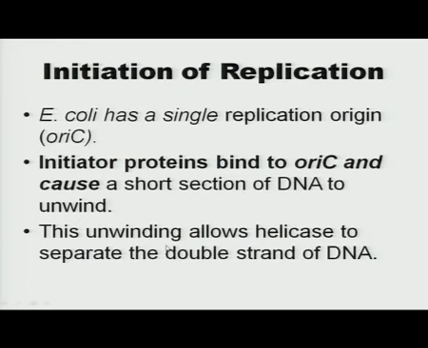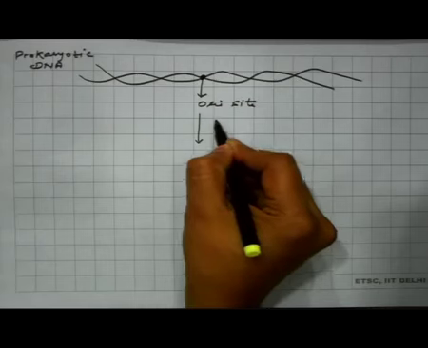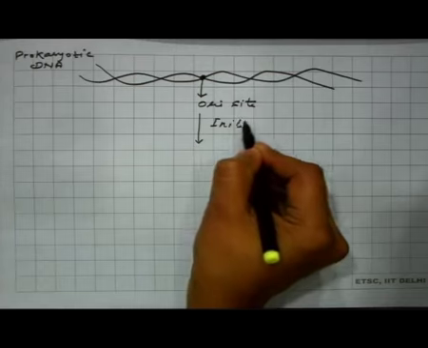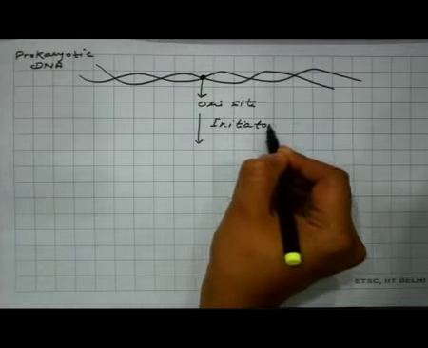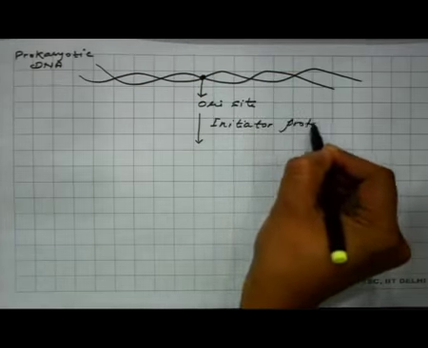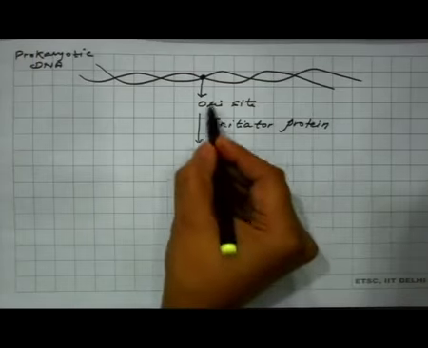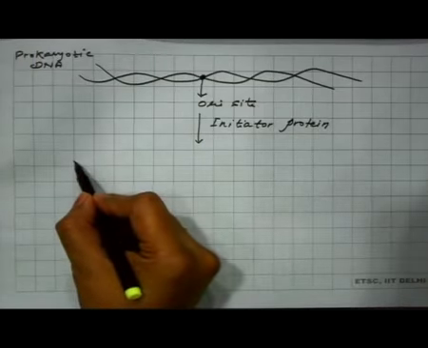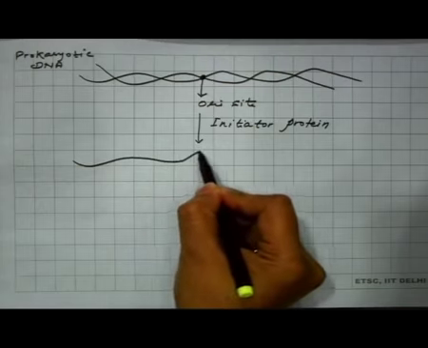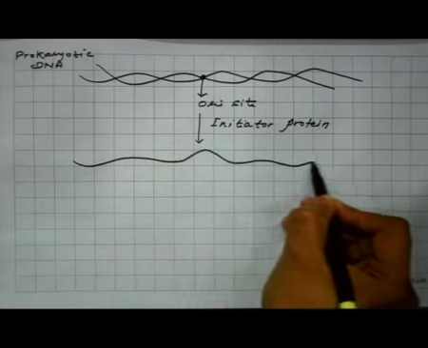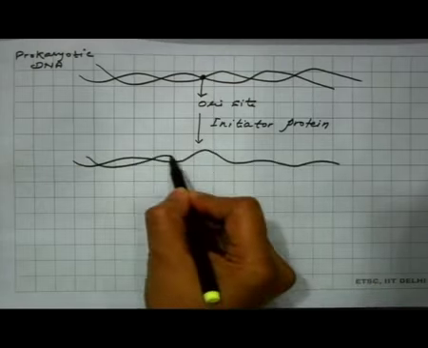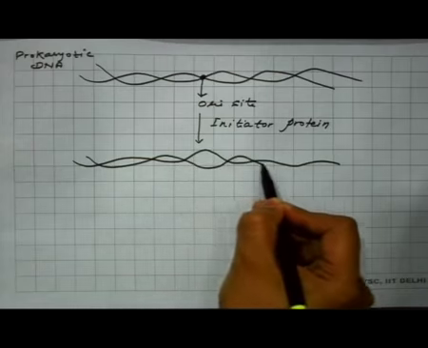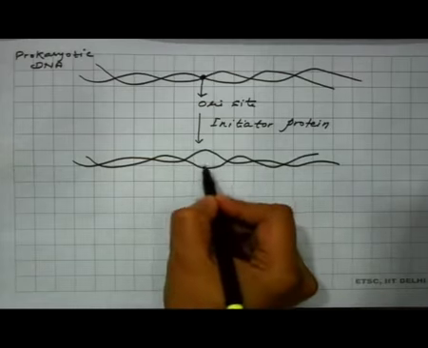So, first of all an initiator protein will bind over the origin and make the DNA unwind in small fragments.